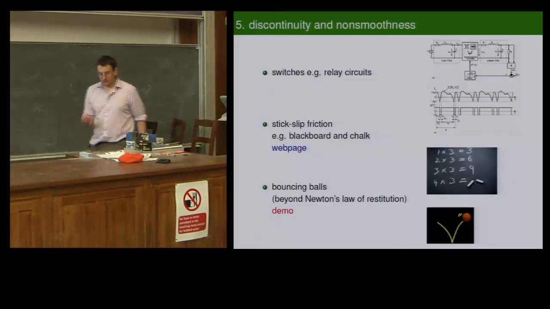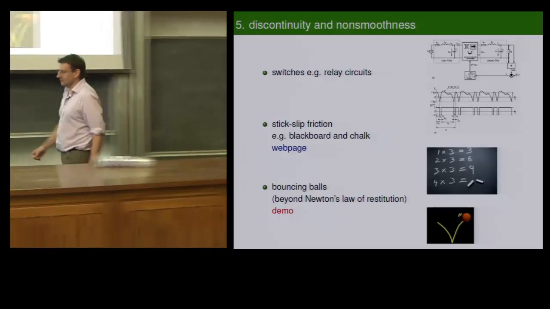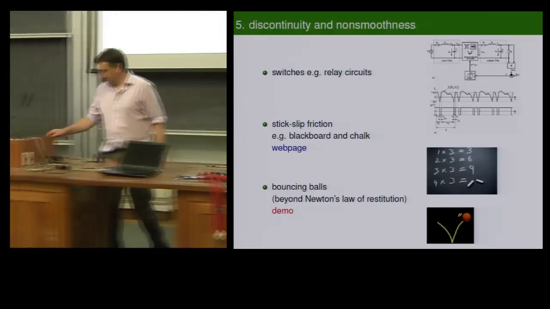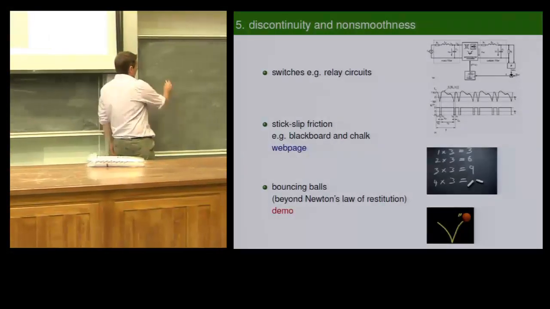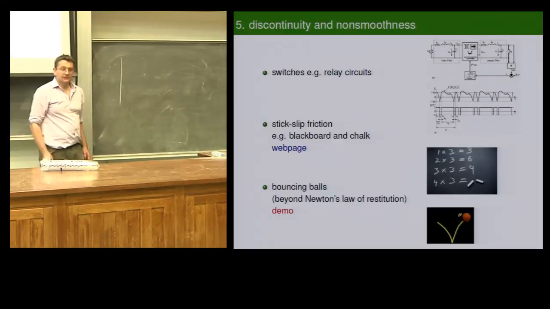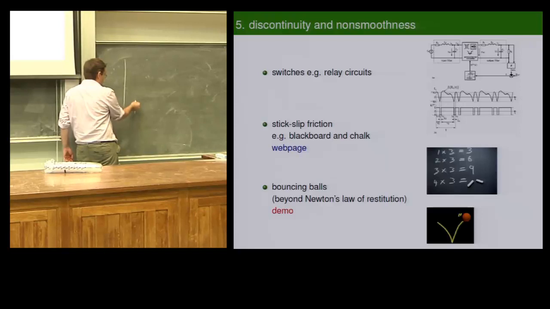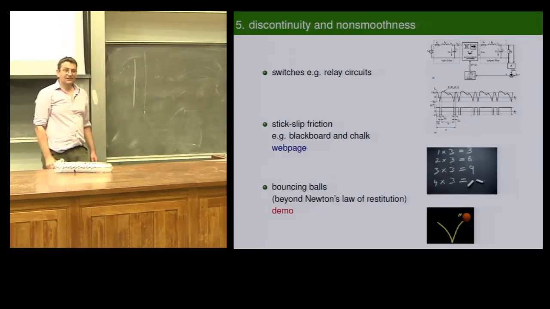One can be described as, why is it easy, perhaps I'll turn the light on here for the blackboard, why is it easy to draw a line with a piece of chalk if I drag the chalk, but it's really hard to do the same thing if I try and push the chalk?